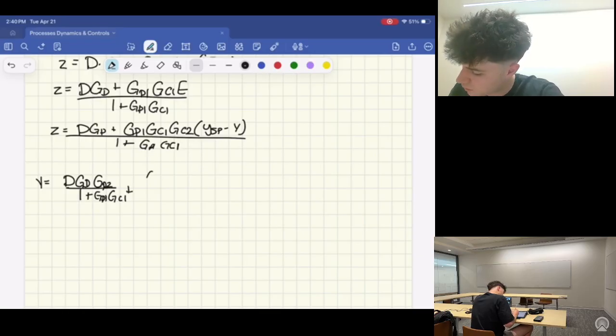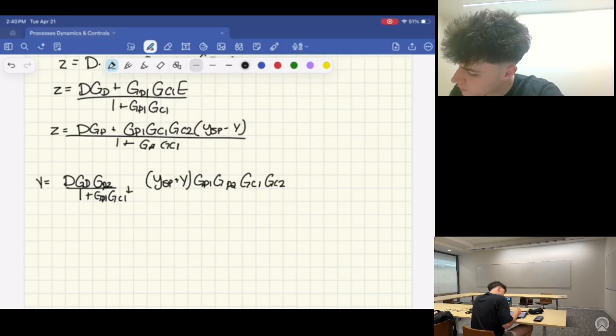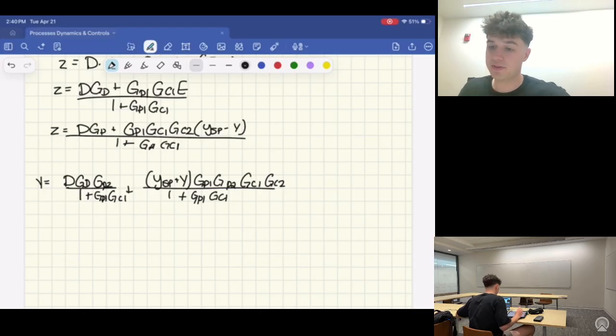This will be added to Y SP plus Y multiplied by GP1 GP2 GC1 GC2 all over 1 plus GP1 GC1. And that finally arrives at the final equation.